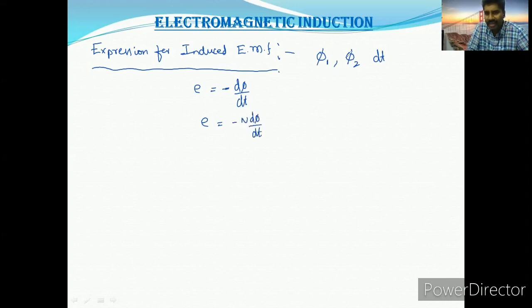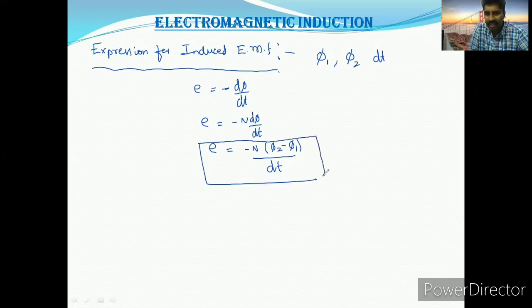And in terms of phi1 and phi2, the change of flux, E is equal to minus n times phi2 minus phi1 by dt. This is the expression for induced EMF.